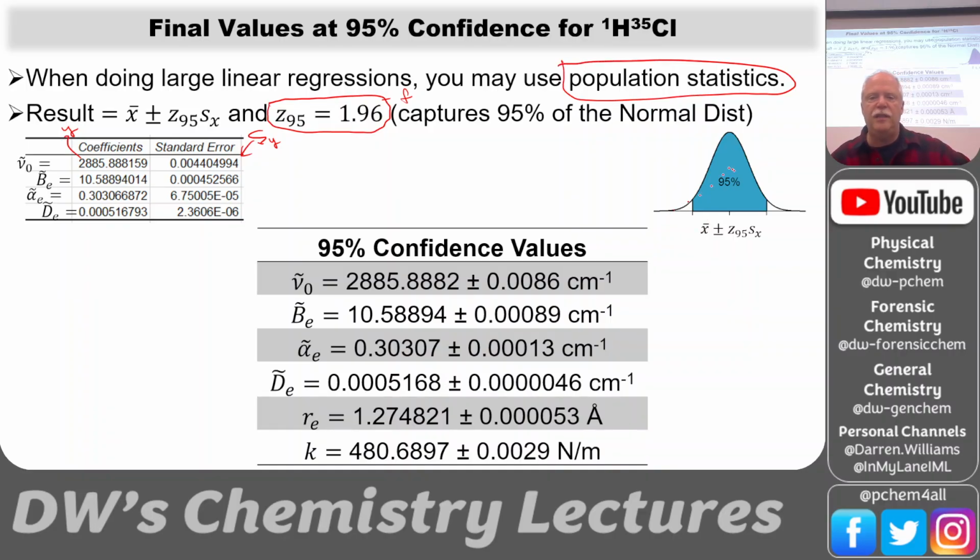If this is the Gaussian distribution of our random errors in our result, our normal distribution, plus or minus 1.96 will capture 95% of the area under that curve. Just random noise will move our vibration one way or the other, or our force constant and so on.